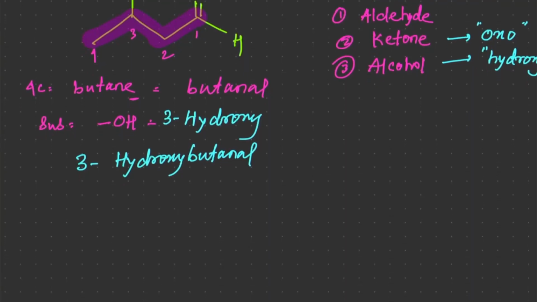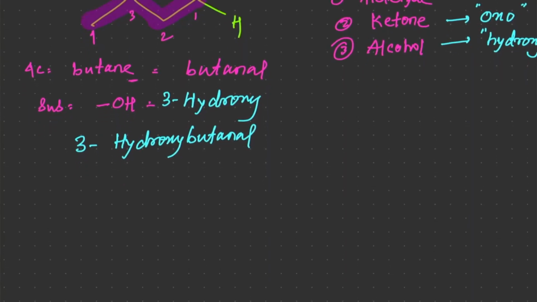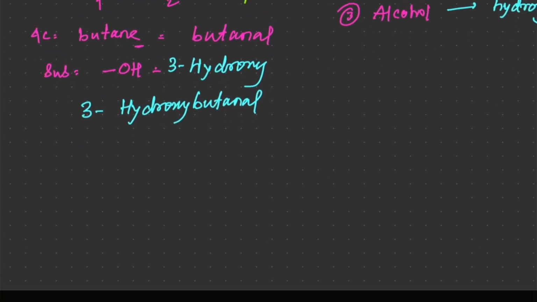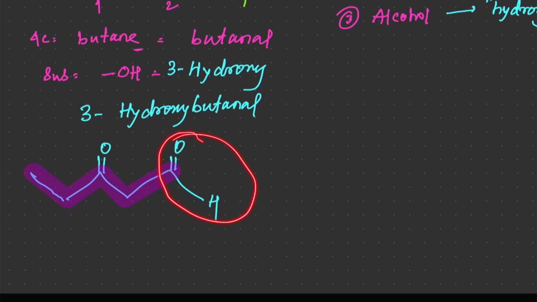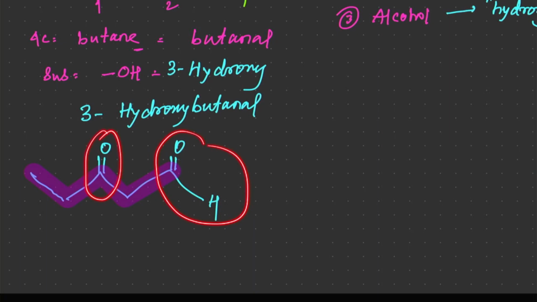Okay, so I will do one last example. What if you have both aldehyde and ketone? Okay, so what if you have this? The same rule applies. Find the longest chain containing the highest priority functional group, which in this case is the aldehyde, because you got aldehyde and you got ketone.